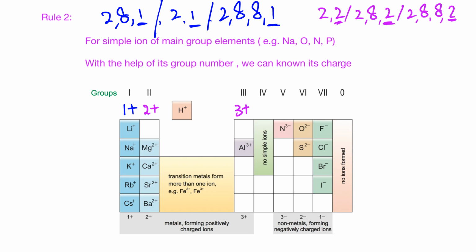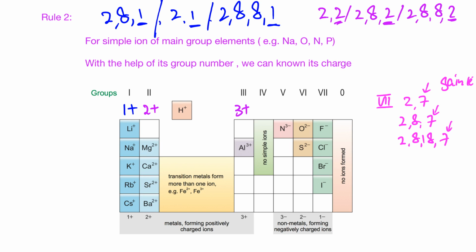And the other way round, when you go to non-metals, for example group 7, you have 2,7, 2,8,7, 2,8,8,7. With 7 electrons in the outermost shell, normally they need to gain 1 electron.